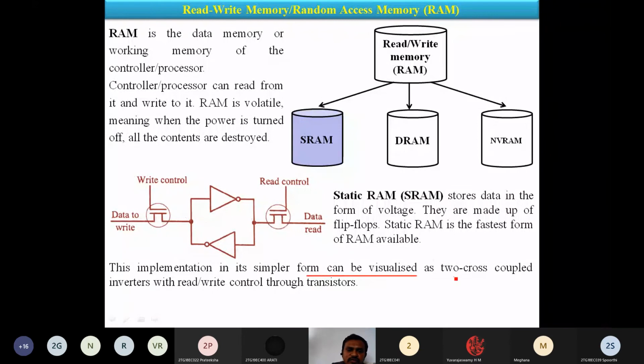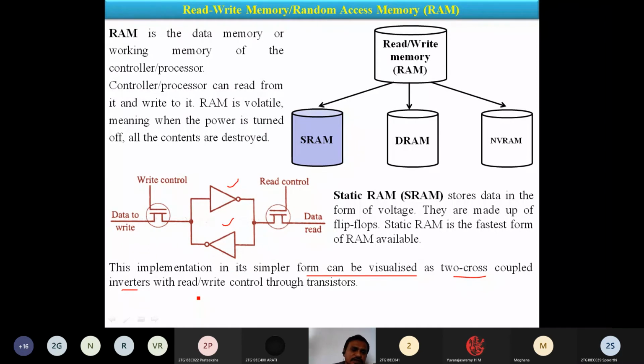What is an inverter? The output is the inverted value of the input. If the input is 0, the output is 1. If the input is 1, the output will be 0. These devices have read and write control through transistors.